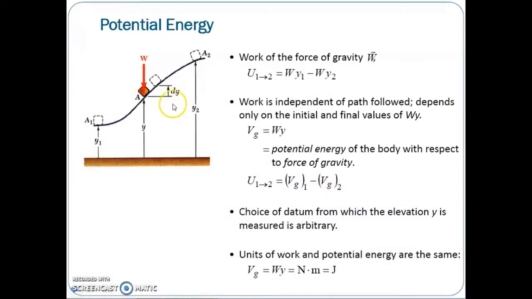If we consider again a body of weight W, which moves along a curved path from point A1 at elevation Y1 to a point A2 at elevation Y2, we recall that the work of the force of gravity W during this displacement is U1-2 equals W Y1 minus W Y2, or negative W times (Y2 minus Y1).